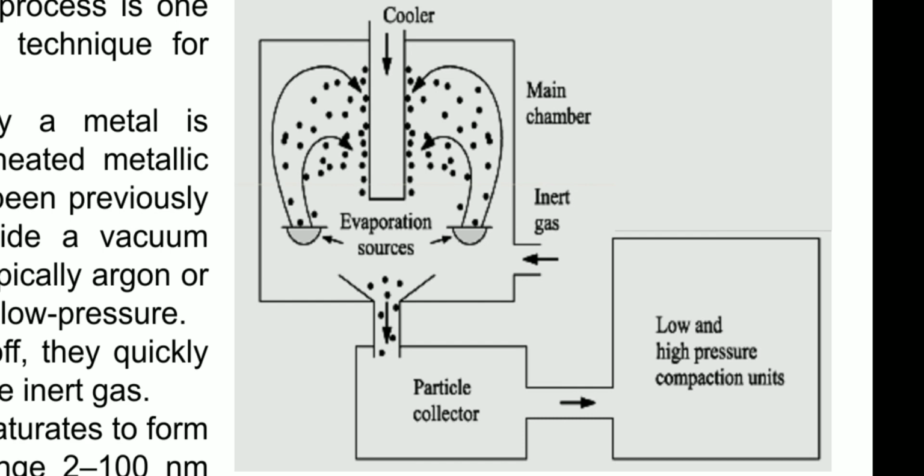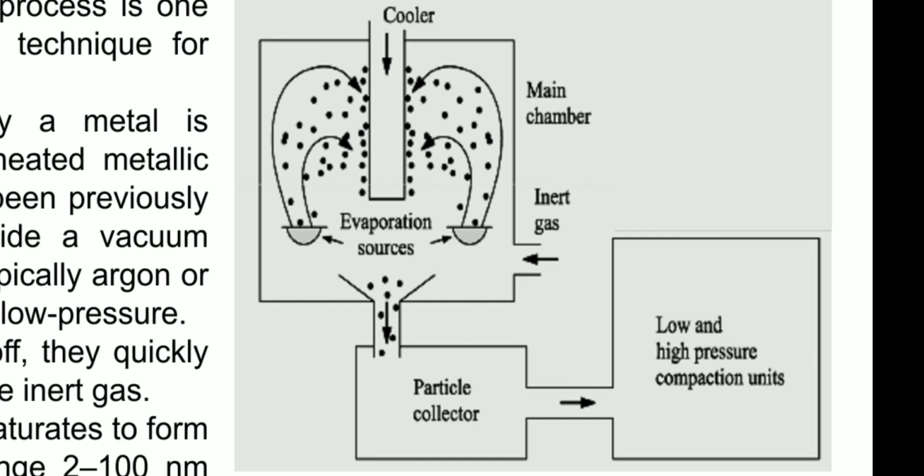Then there is one more thing, called a finger. From the top, one hollow rod is inserted into the chamber in such a way that it acts as a collector. When the metal nanoparticles are formed, they get collected on this finger.